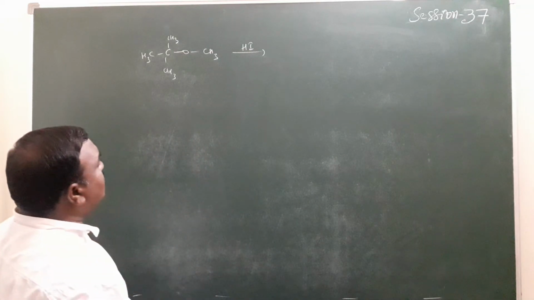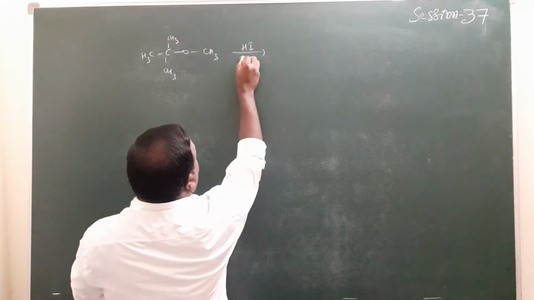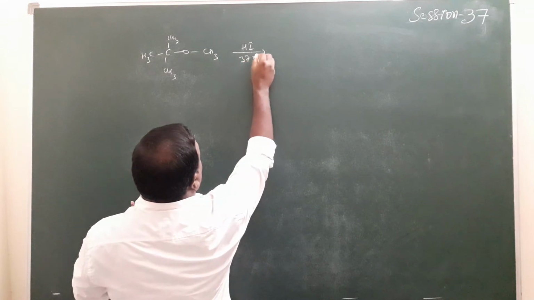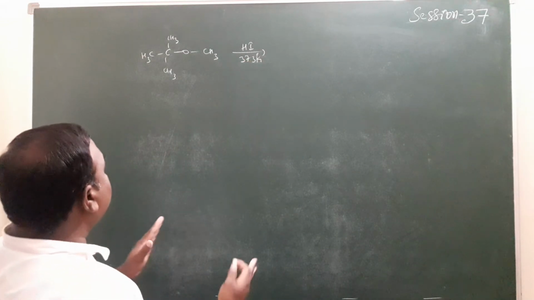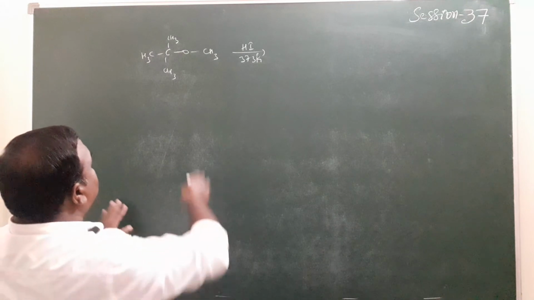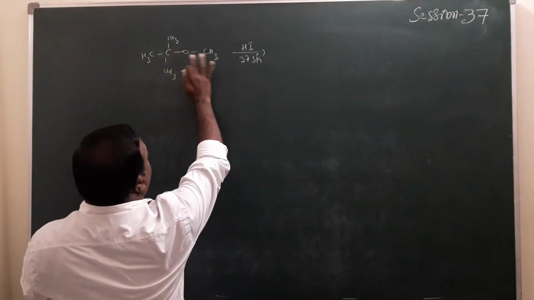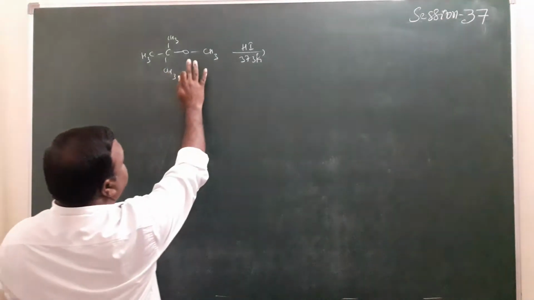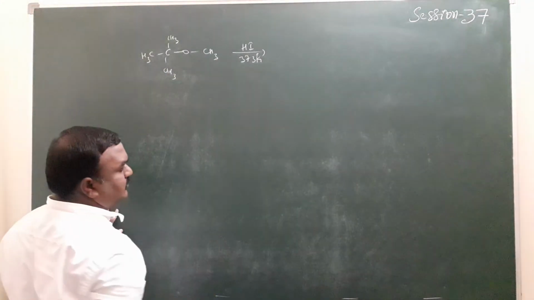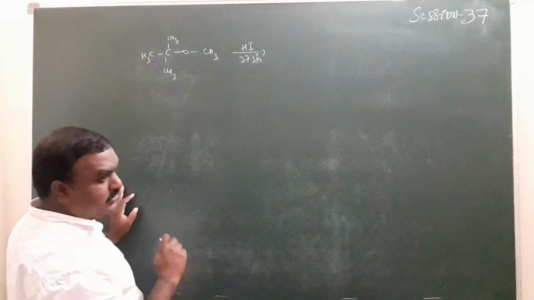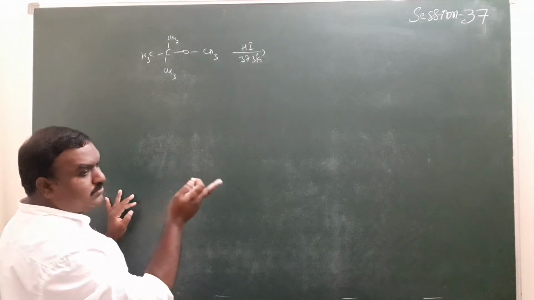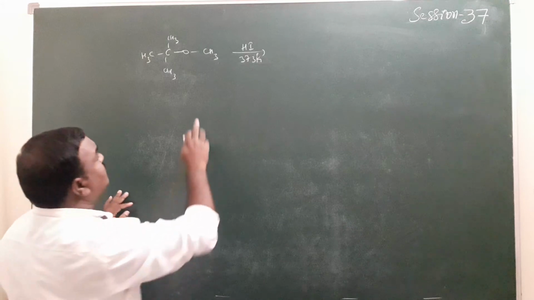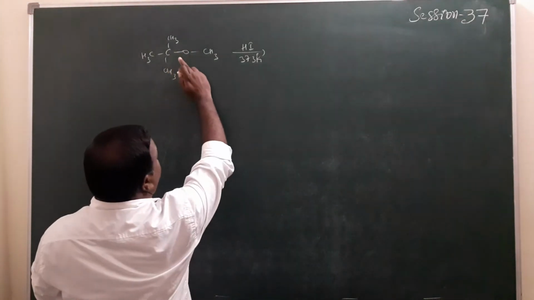So 1 mole of HI is given in the presence of 373 Kelvin temperature. What type of cleavage is possible? Tertiary butyl oxygen cleavage or methyl oxygen cleavage. Wherever secondary or primary is given, the simpler group undergoes cleavage. But here a tertiary carbon is given, so the molecule undergoes an SN1 reaction. Cleavage is possible here.